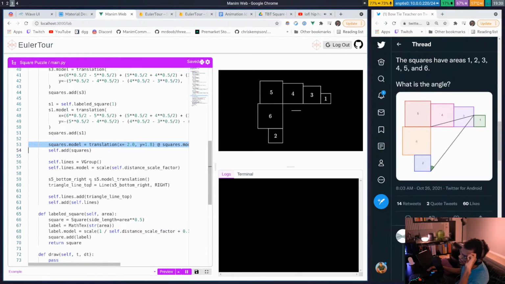Huh. And this isn't added to the same parent. It should be, though. Oh, yeah, this is kind of weird. It's not supposed to be added to the same parent, so I don't want the model translation. I do think I want the world translation. Okay.